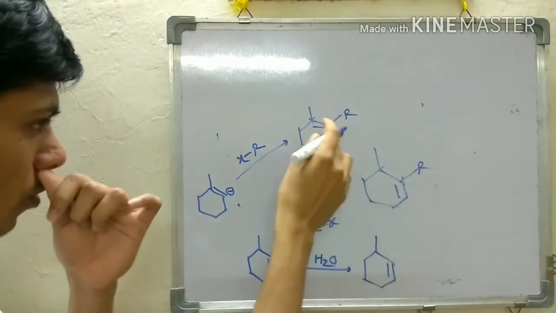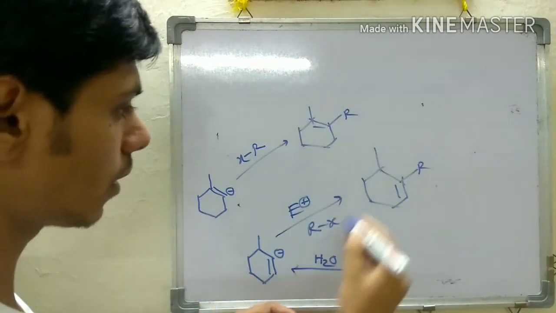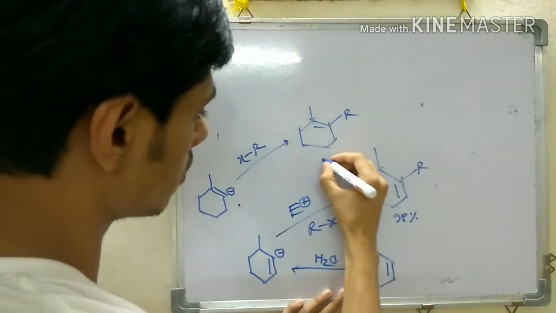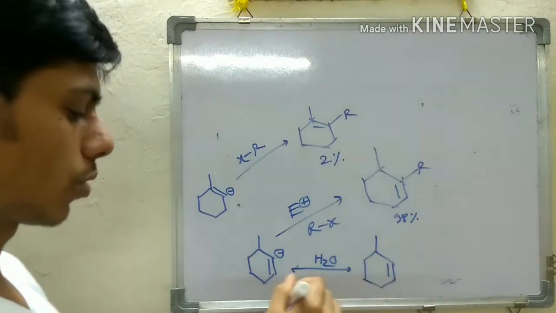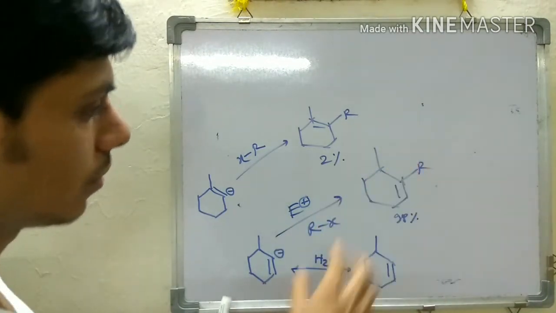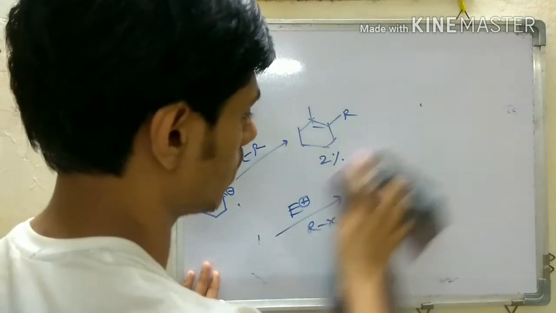So two different products can be obtained. The regioselectivity is different, but in this particular case this is 98% and this is only 2%. So you can see the most acidic proton is deprotonated in case of Shapiro reaction, and that's why you get regioselectively the less substituted product, because in this case you use the strong base.